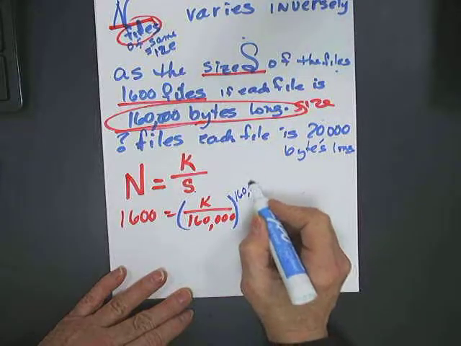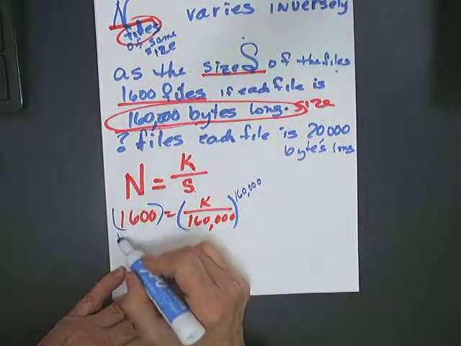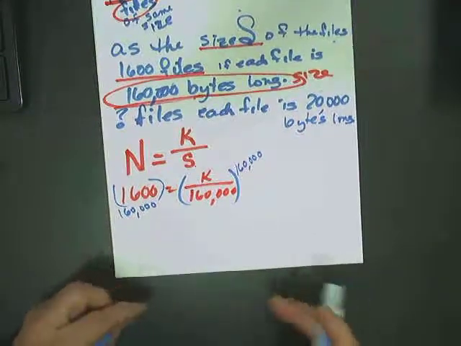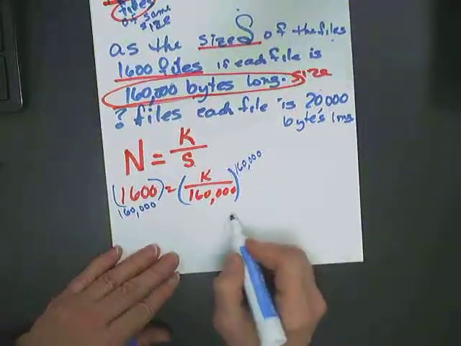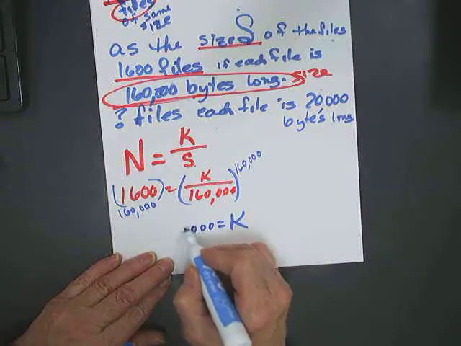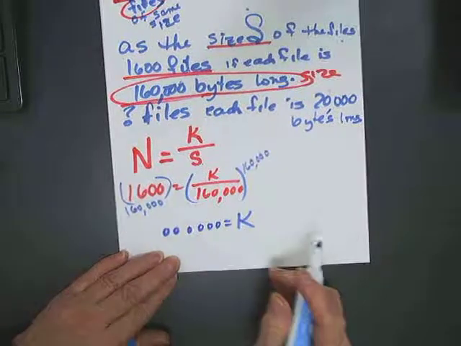Okay, so how many files will it hold if each file is 20,000 bytes long?